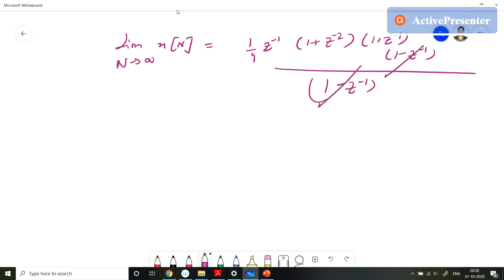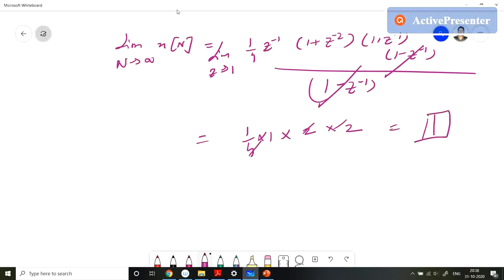This will cancel out, and applying the limit z tends to 1 gives 1 by 4 into 1 into 2 into 2, which equals 1. So the final value is 1.